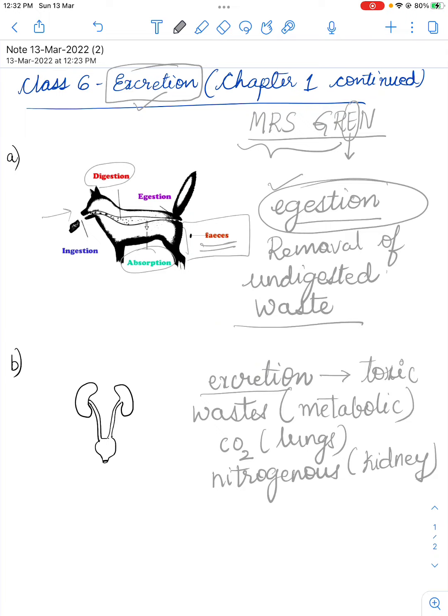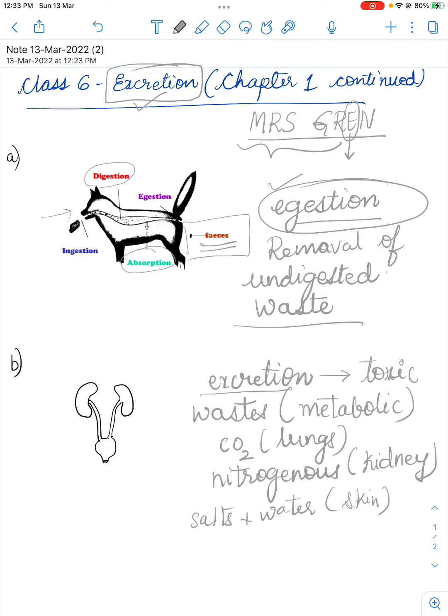Or it might be small parts or particles of salts and a little bit of water in the form of sweat through the skin, right?